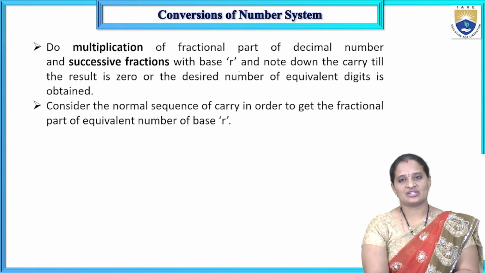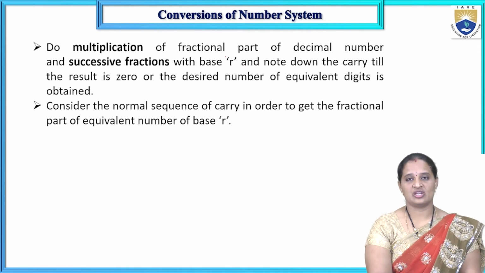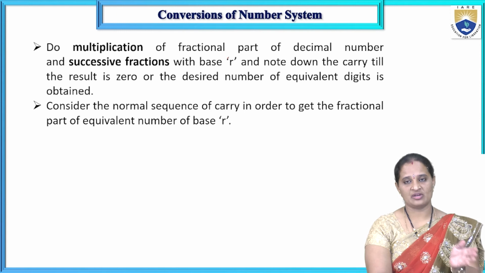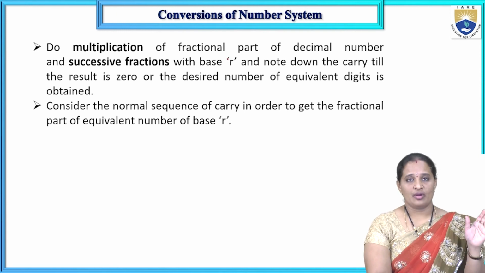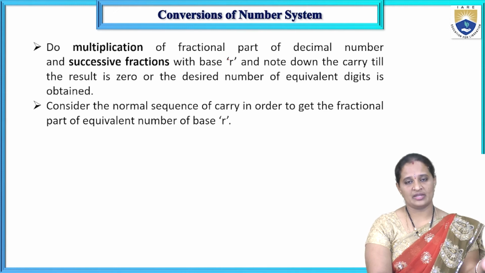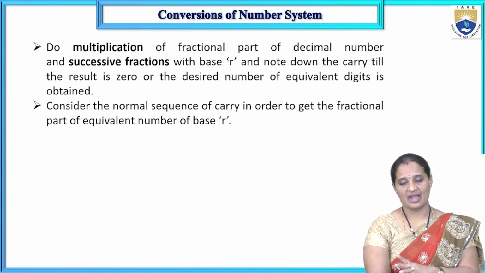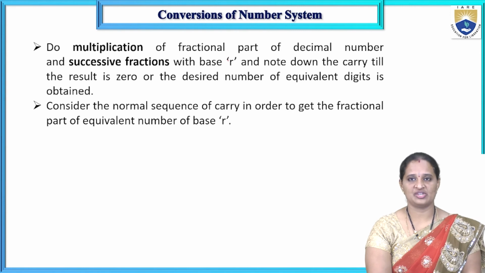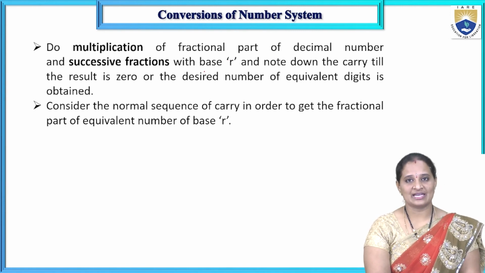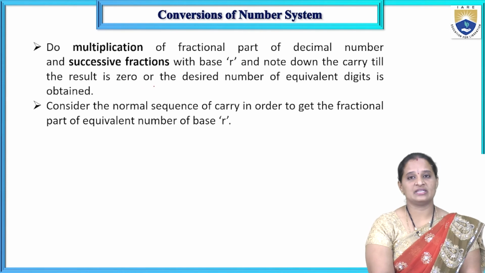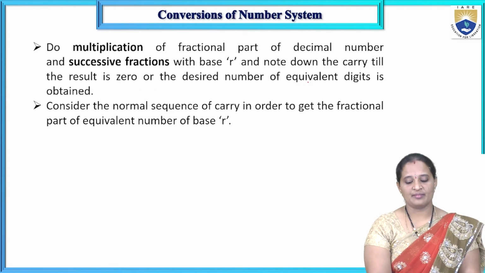And coming to the fractional part, how to convert the fractional part of a decimal number into base r? If for the integer part we were doing division, for the fractional part we have to do multiplication. So multiply the fractional part of the decimal number successively with the base r, and note down the carry till the result is 0 or the desired number of equivalent digits is obtained.